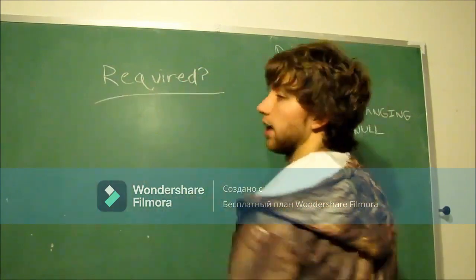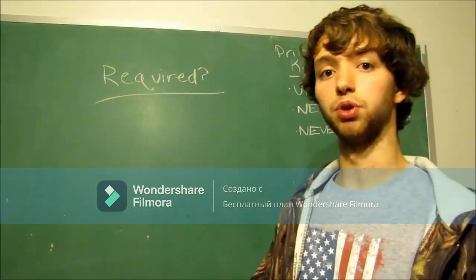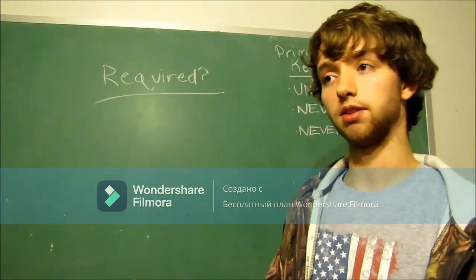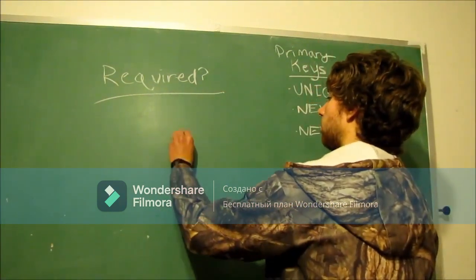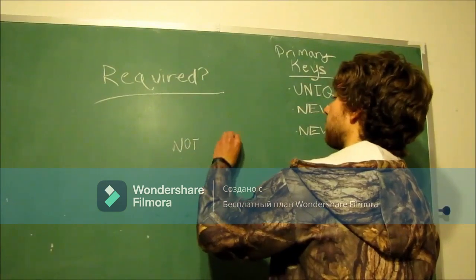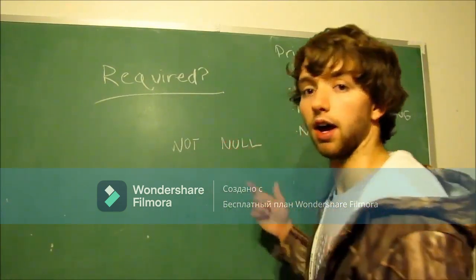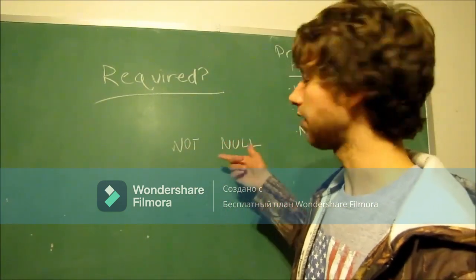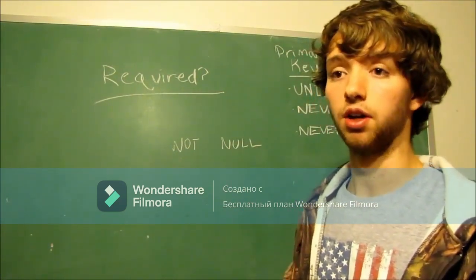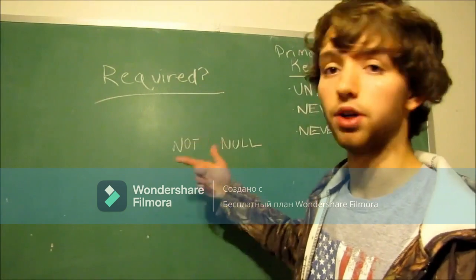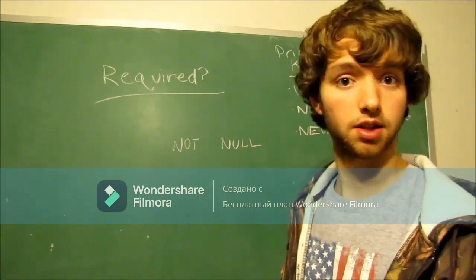This is going to dictate what kind of values we can put within our table. Back to the fax machine, if it's not null, that means every single row has to have a value. That also means that if someone doesn't have a value, they might not be able to put any information in this table.